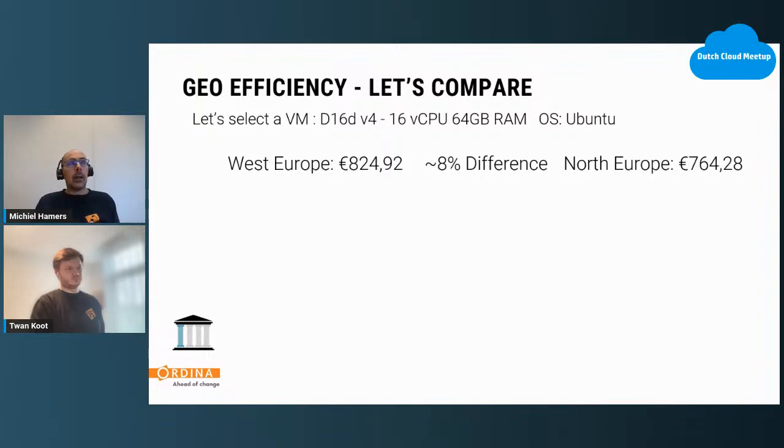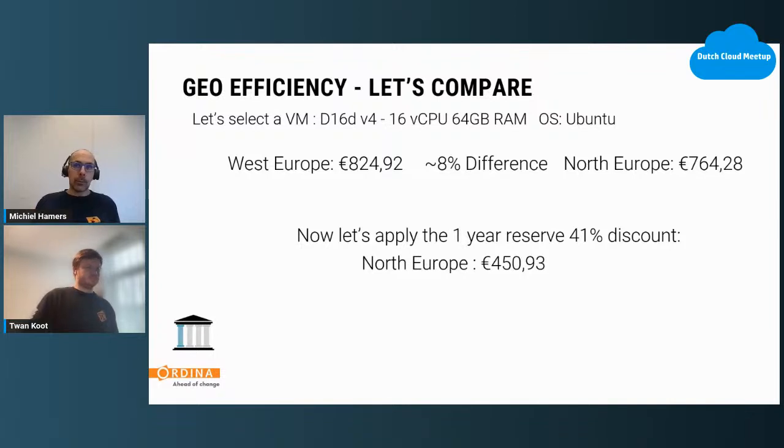3 years is really, from a technical point of view, really far in the future, so I don't want to say that's the right thing to do. Normally, 1 year can be overseen, because if you deploy an application in production, it probably stays at least 1 year. So just taking that 1 year into account, then it will be a 41% discount, because then the exact same virtual machine with a 1-year reservation ends up at 450 euros.